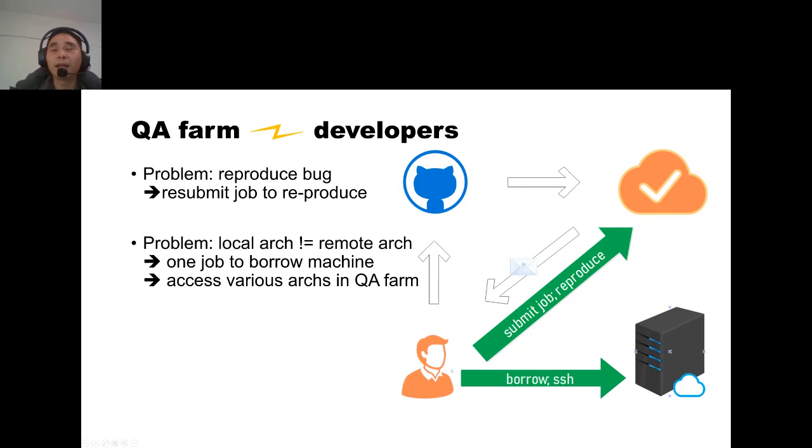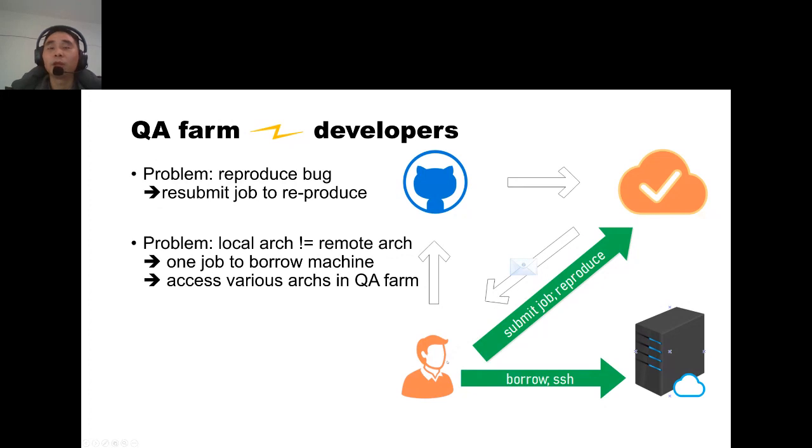So we provide another two connections to the test farm. When we report errors, we will attach the test job. That job is a YAML file that contains all parameters and environment info enough to just rerun the job.